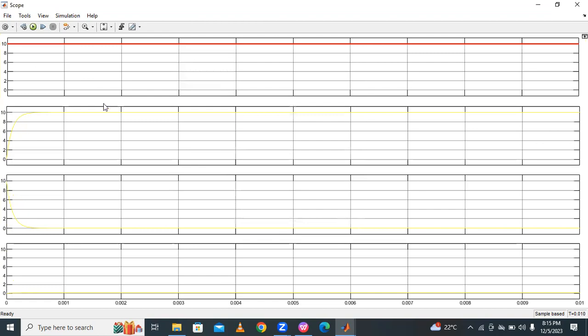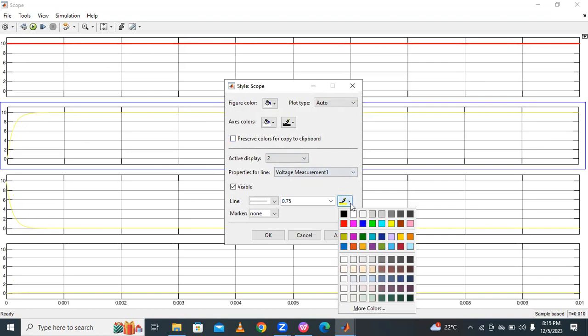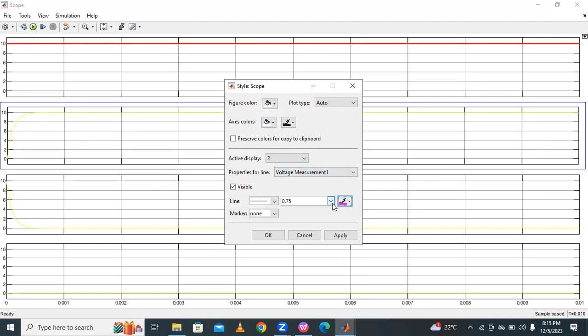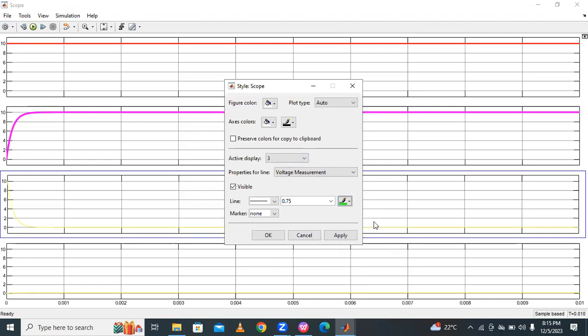Okay, so this is our input. And the second one, go to style, active display 2, change the thickness, change the color like this, then apply. Then active display 3, change the color also, then change the thickness, then apply.